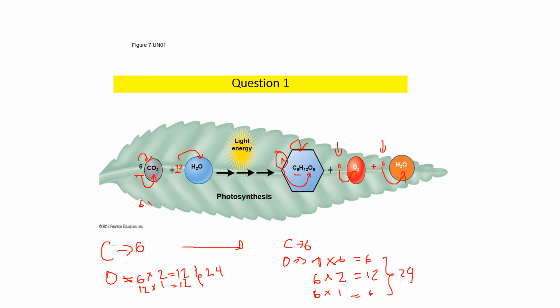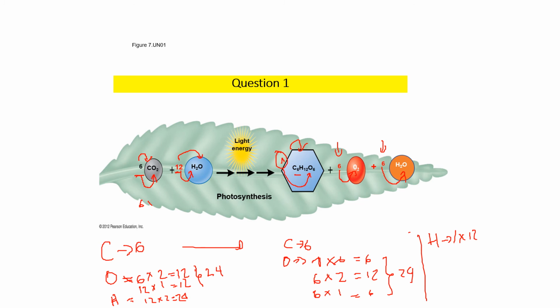And just to test that, we just have to get the hydrogen. And let's put it here, that I still have some space. So hydrogen, it will be 12 multiplied by 2. So 12 multiplied by 2, you get 24. And here you have hydrogen, it will be 1 multiplied by 12.